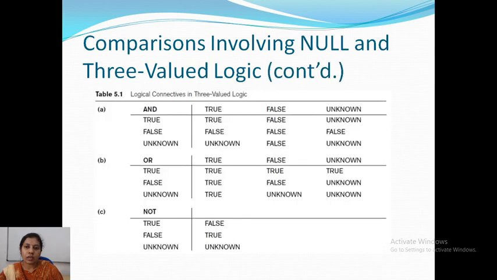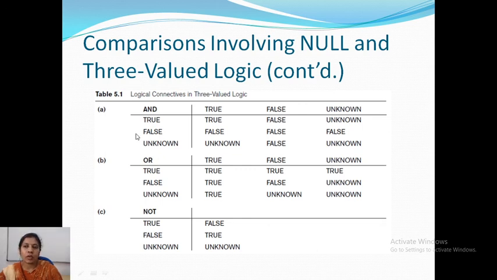Now we'll see the logical operations. In logical AND, if both the values are true we get true, and if one of them is false then we get false. But if you compare true with unknown using logical AND, then you get unknown, because I don't know whether this value is true or false, so the result is also unknown.